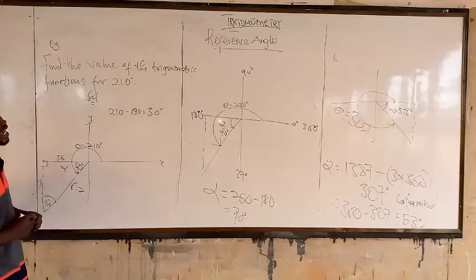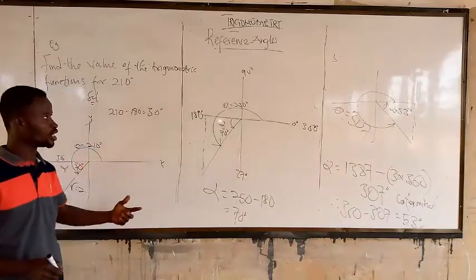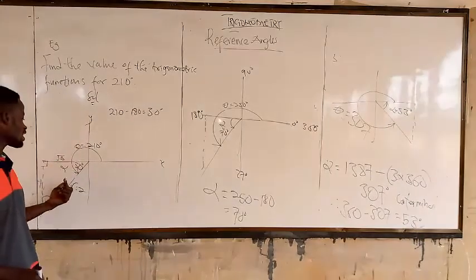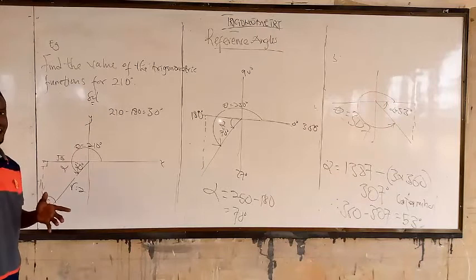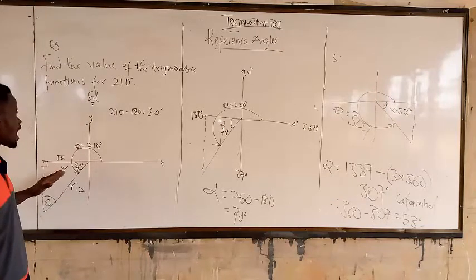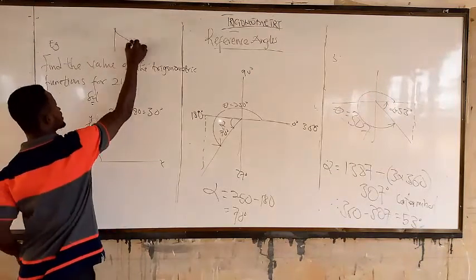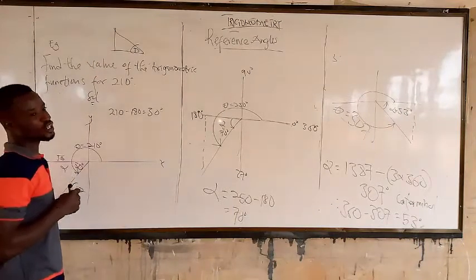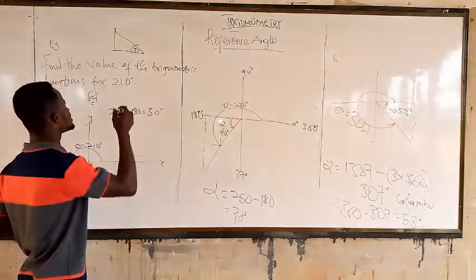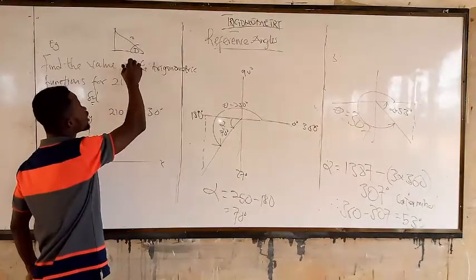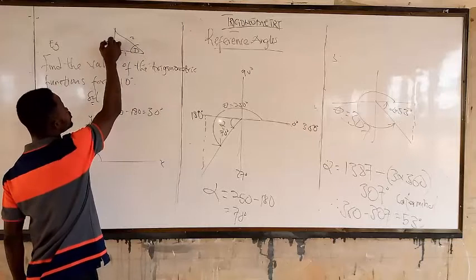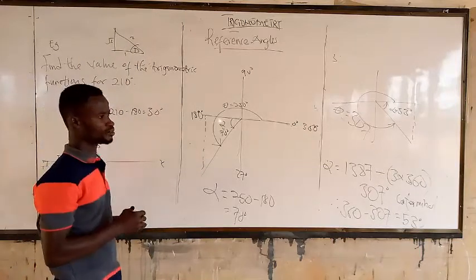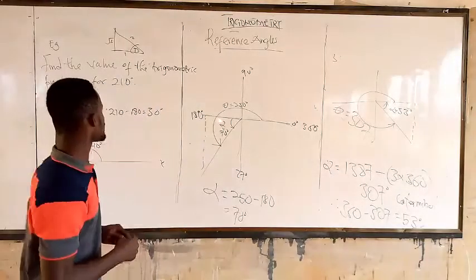Don't forget that for the first one that we drew in the previous video, there was nothing like a quadrant at that time. So we were having 30 degrees as our reference angle without any quadrant. So we said that here will be 2, here will be 1, then here will be square root of 3.